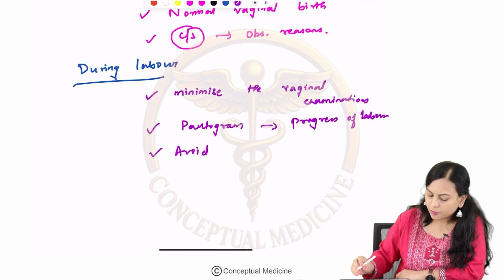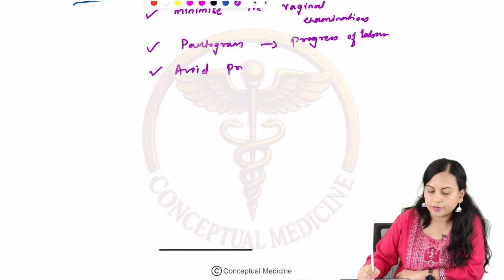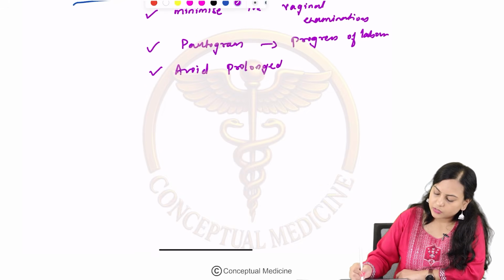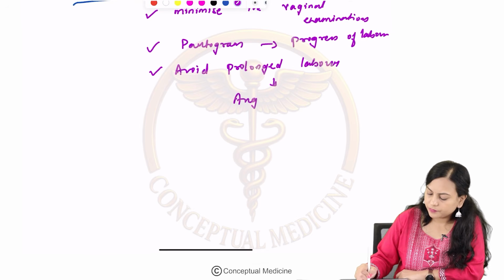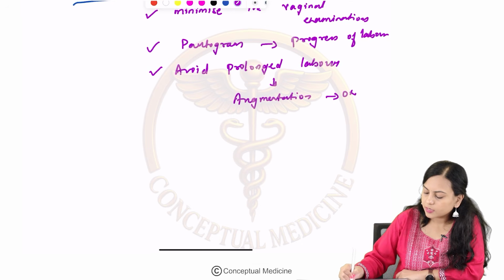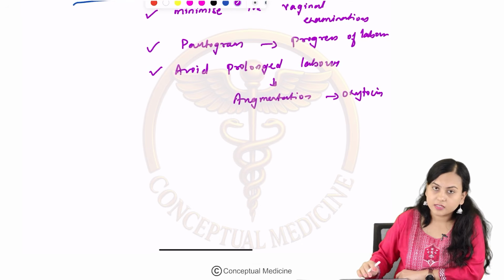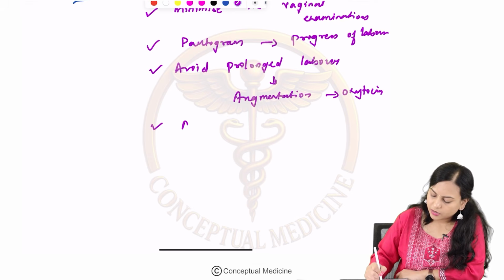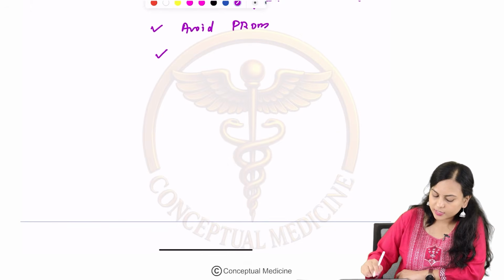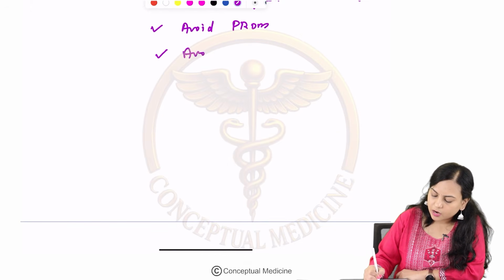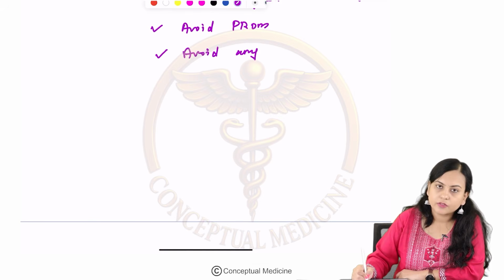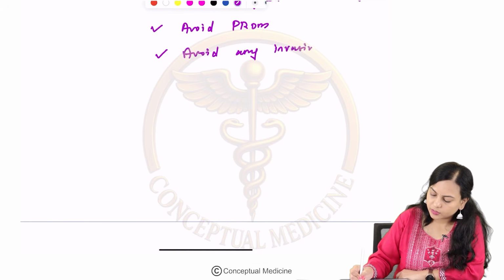We have to avoid prolonged labor. So, augmentation of labor with oxytocin can be considered. You should avoid PROM or early rupturing of membranes. Then avoid any invasive procedures also. Okay?